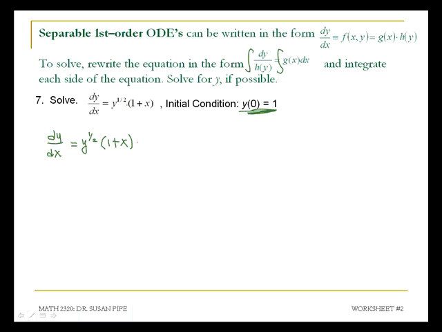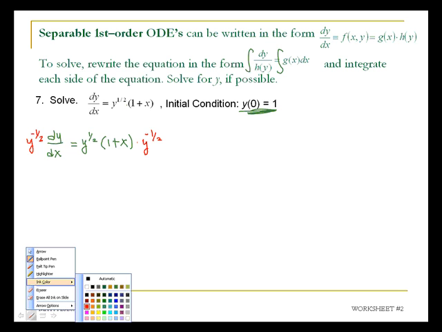I'm going to do that by multiplying both sides of the equation by y to the negative 1/2 power. That way this y to the 1/2 and the y to the negative 1/2, when you multiply them, will give you y to the 0 power. y to the 0 power is 1. It'll cancel out the y on the right side.